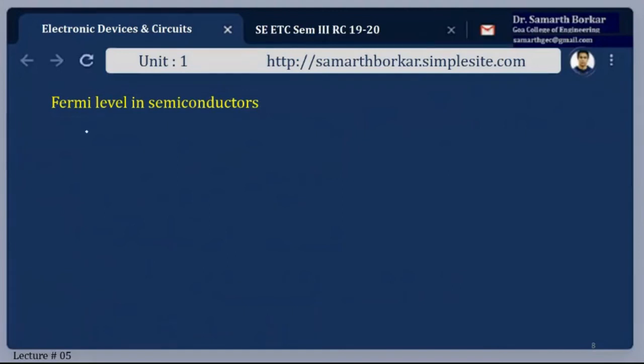So N equals Ni e raised to (EF minus EI) by KT, where Ni equals NC e raised to minus of (EC minus EI) by KT. Now see, this equation has become so simple. N equals Ni, where Ni is this factor.